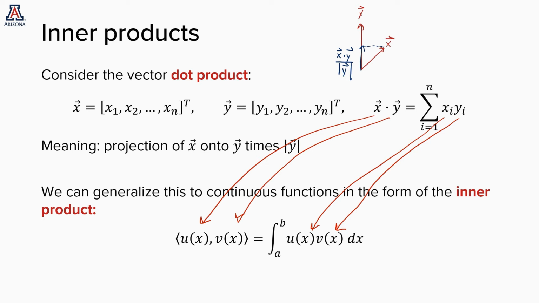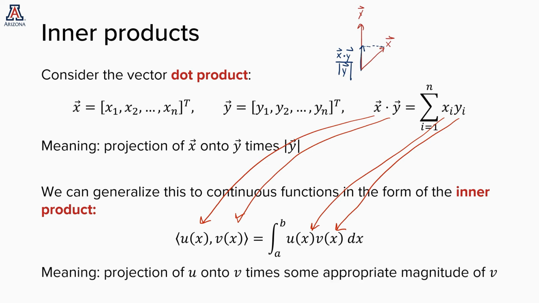And the meaning here is much the same. It's the projection of u onto v times some appropriate magnitude. So essentially, we can take a look at this and see that u and v take the place of x and y pretty much exactly. And so what this tells us then is, in a sense, how well u is going to match up with v.